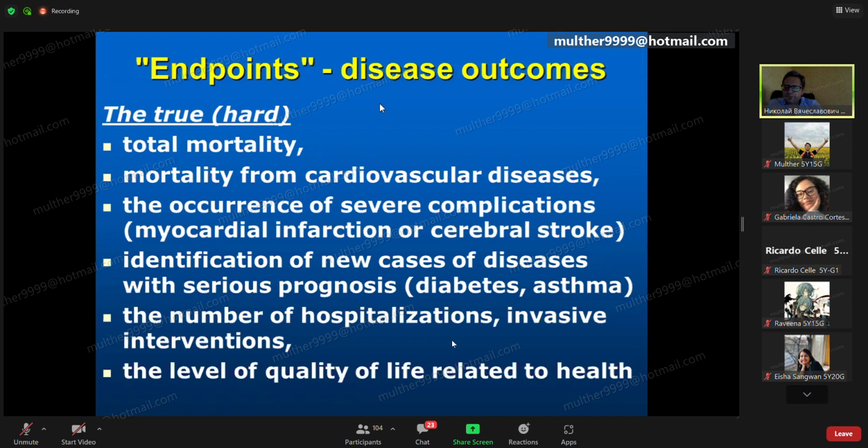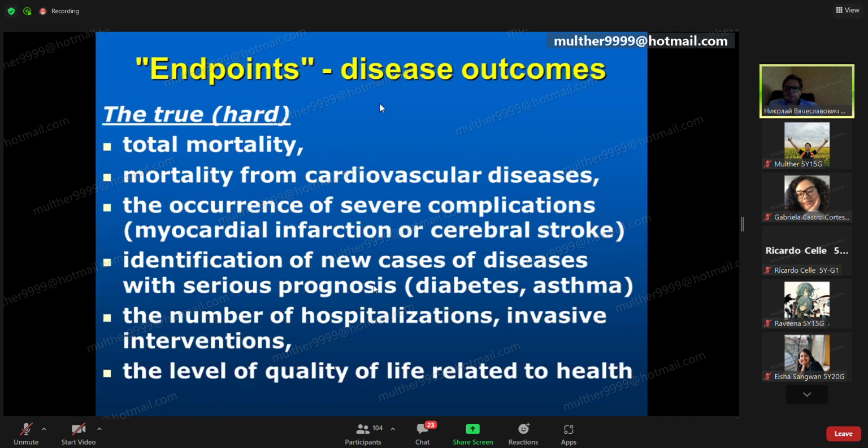Among them, total mortality, for example, from cardiovascular or oncological or infectious disease mortality, and the occurrence of severe complications of cardiovascular disease such as MI and stroke.